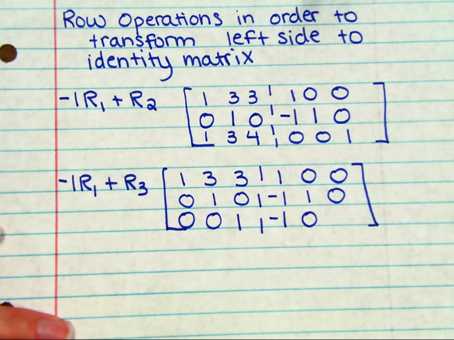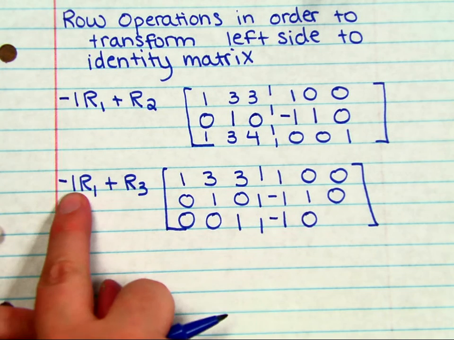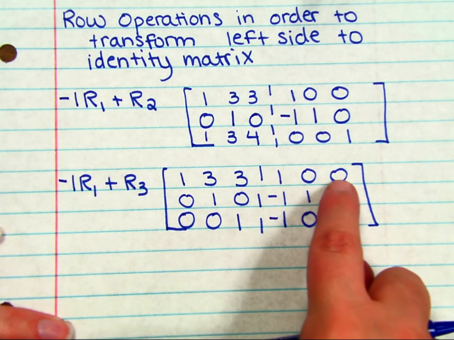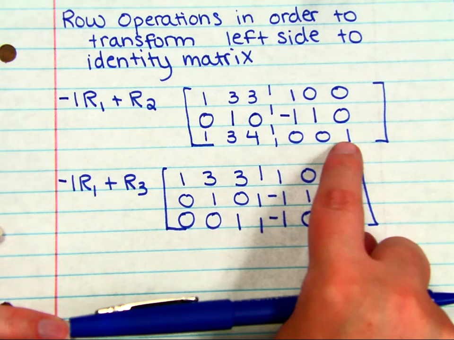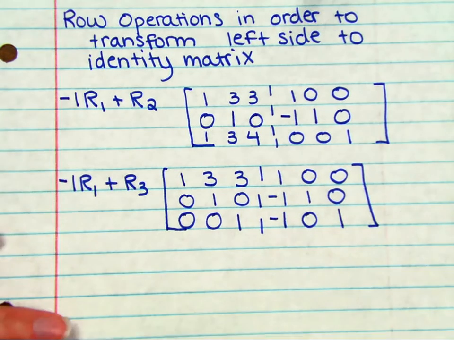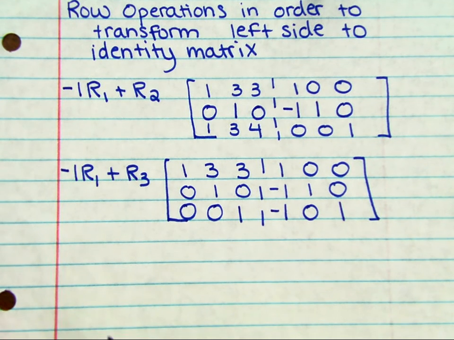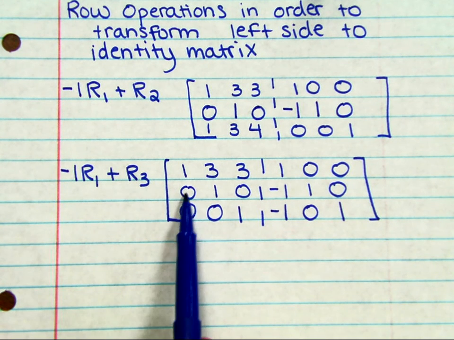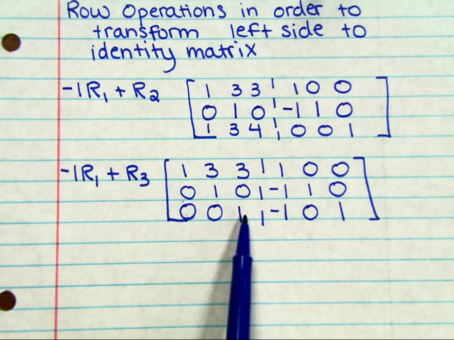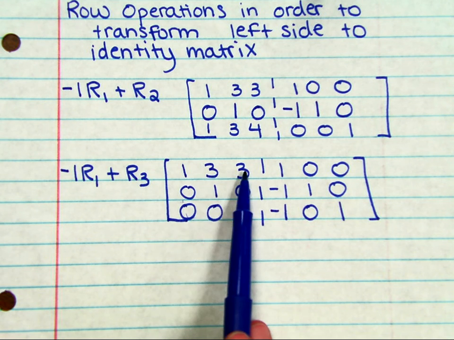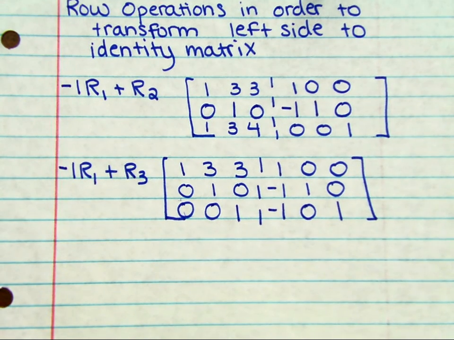Then we have negative 1 times 0 plus 1. This would be a 1. Okay, now if you look at what we've done so far, I've got all of my zeros below, all of the 1s, and I've got a 0 here. Now I just need both of these 3s to be zeros, much like you've already done before.